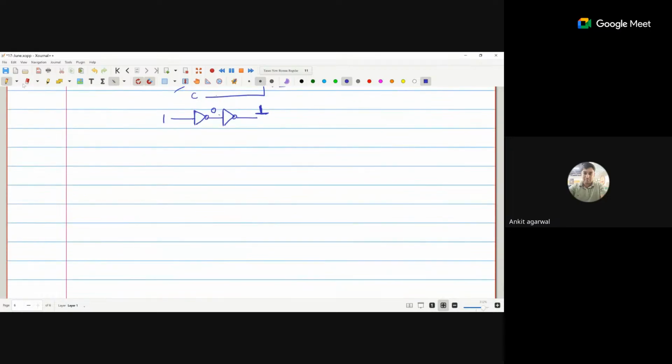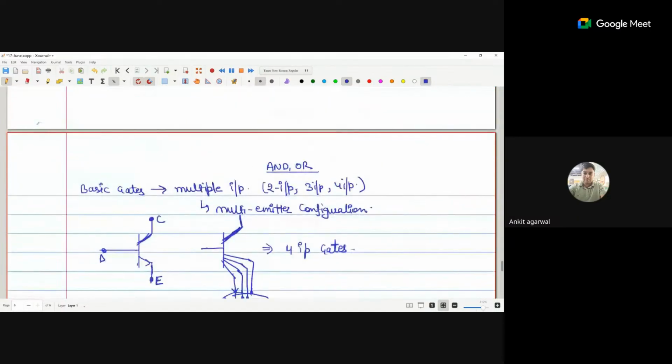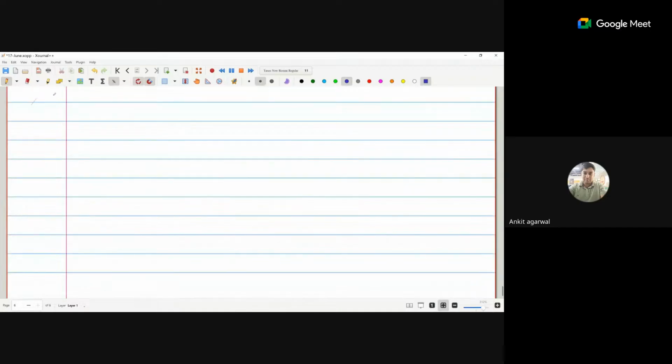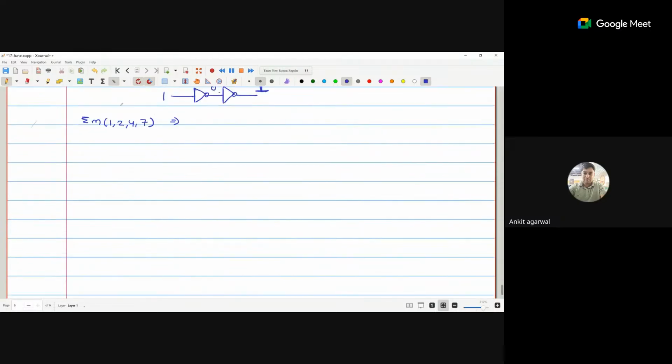Yes, sir. Now we go to the simplification part. We know that we are getting sigma m 1, 2, 4, and 7. So I can represent it in the SOP form. 1 is 0, 0, 1, 2 is 0, 1, 0, 4 is 1, 0, 0, and 7 is 1, 1, 1.